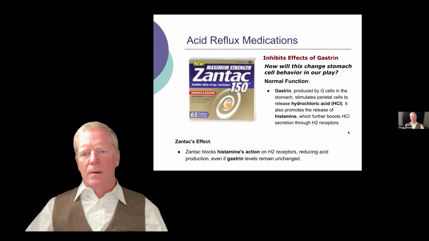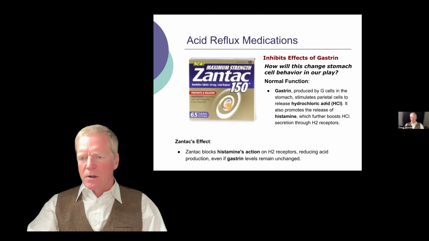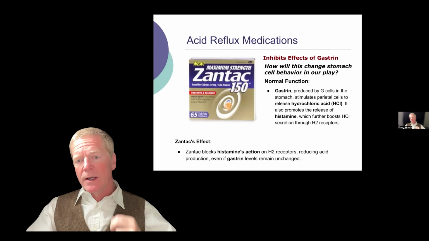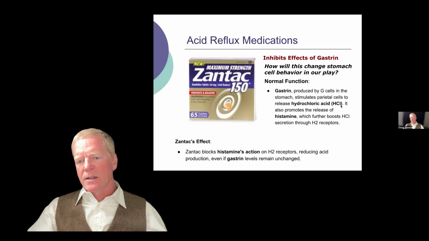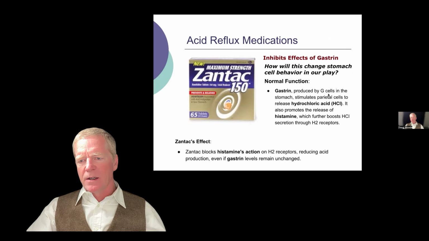Acid reflux medications can inhibit the release of hydrochloric acid. One of the hormones that I was talking about earlier is called gastrin. It regulates the amount of hydrochloric acid released into the stomach. It is produced by G cells. G cells is kind of easy to remember.